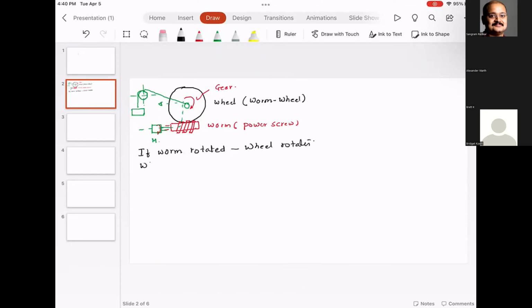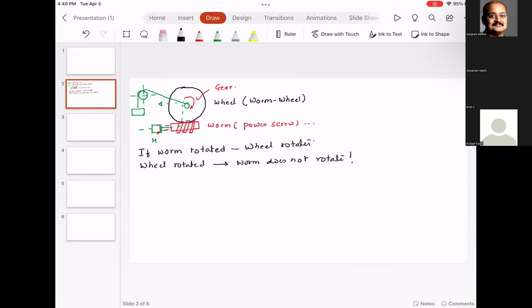But if you rotate the wheel, the worm does not rotate. That's why the application is in hoisting.